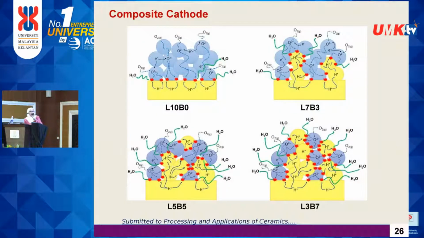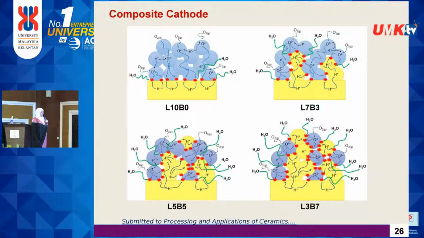In terms of the composite cathode, we mix LLCF and BCZY. We compare what happened if we use different ratios of LLCF and BCZY, which is the MIEC and protonic conducting phase.